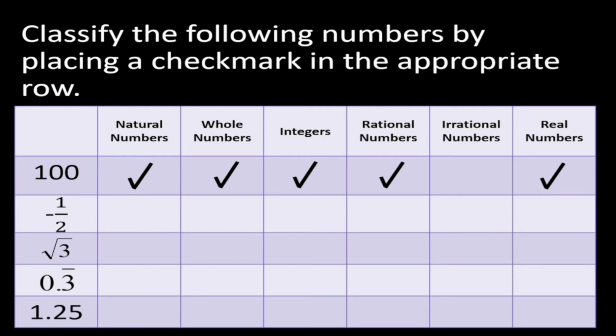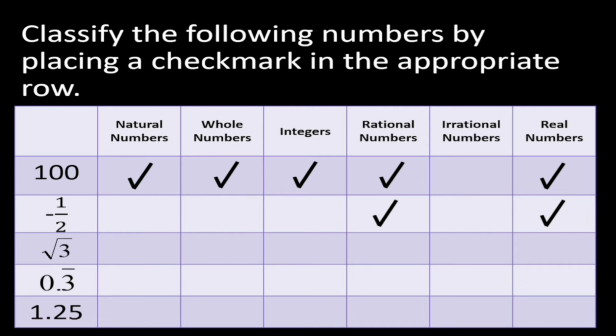Let's say we are going to answer number 2. We have negative 1/2. Take note that negative 1/2 is a fraction. Since it is expressed in terms of a fraction, then we can say that it is a rational number, also a real number.